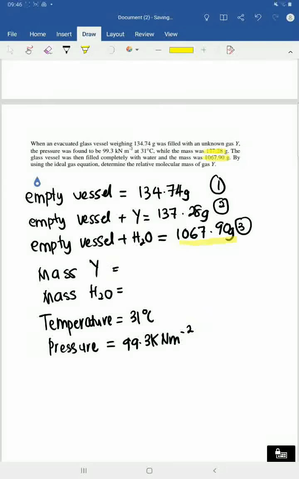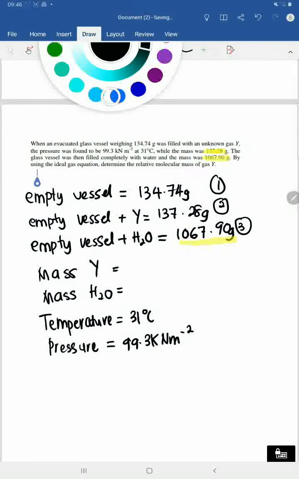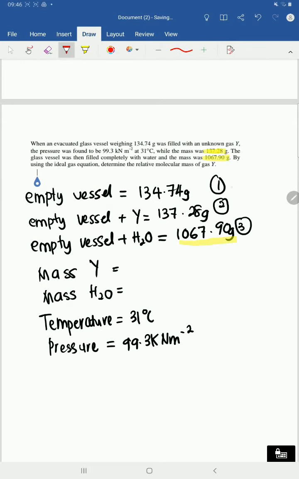In order to answer this question, you need to list out this information first. I abstracted this information from the problem statement. You already have the mass of the empty vessel, the mass when the vessel is filled with gas Y, and when it is filled completely with water.